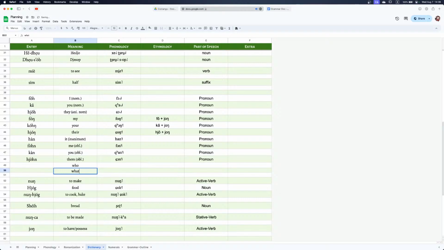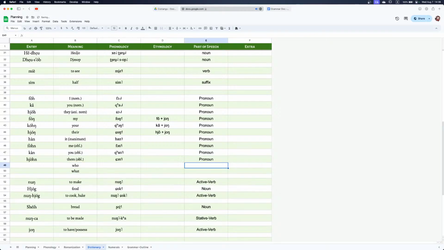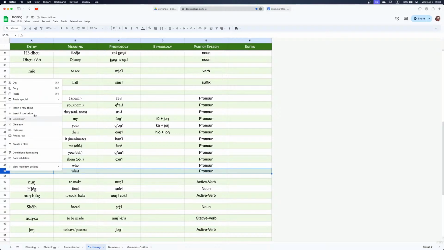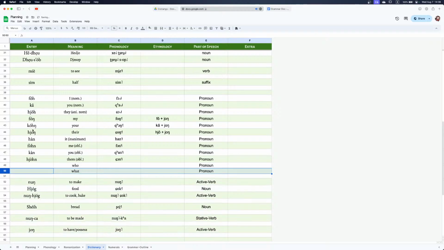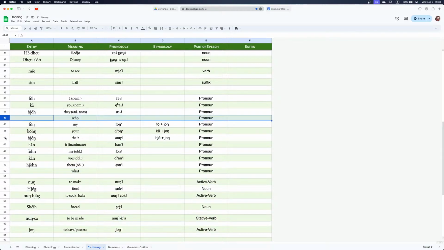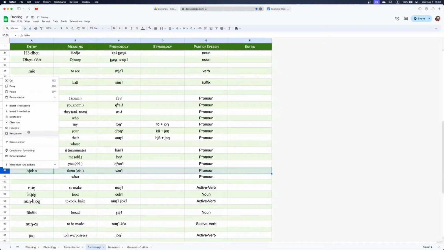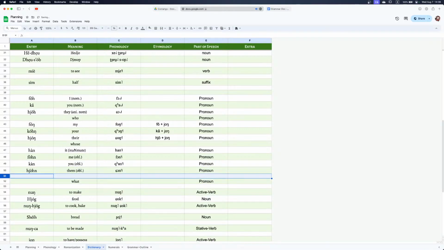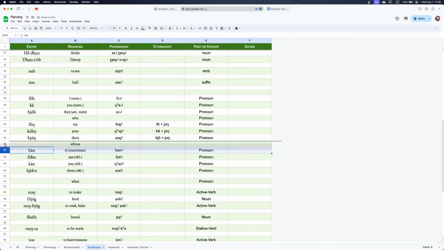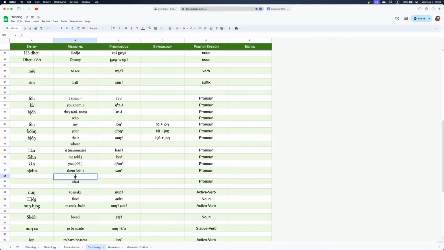Who, what, and then actually we should have who, whose, and then who oblique.